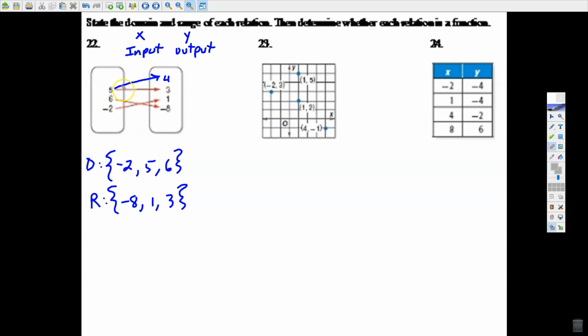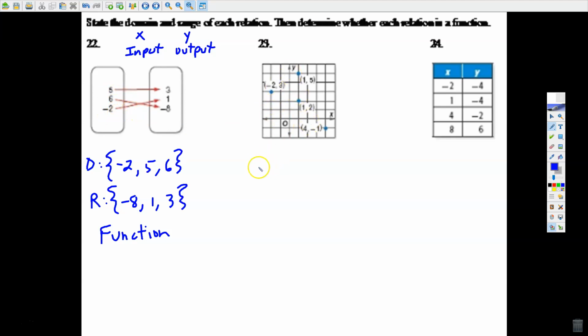But as it is, the domain numbers are only paired with one range number each. So this would be a function. Another simple way of looking at it is to look for repeats in the domain.